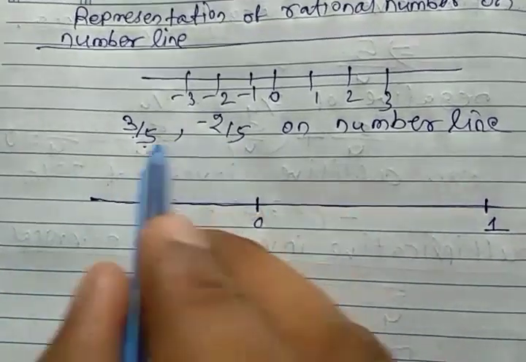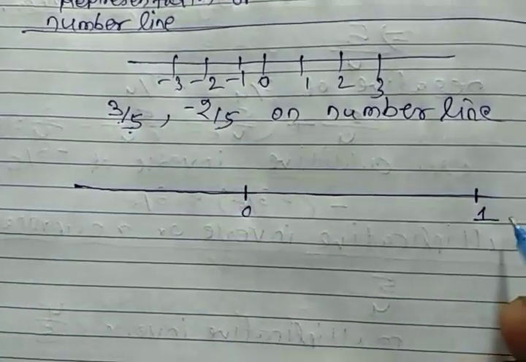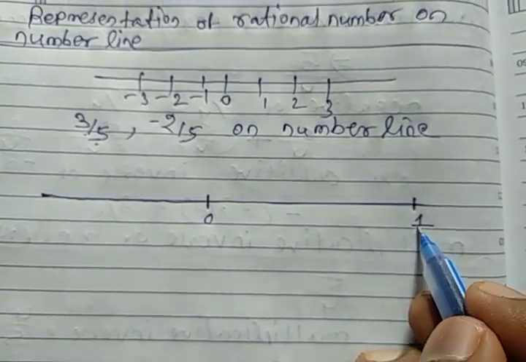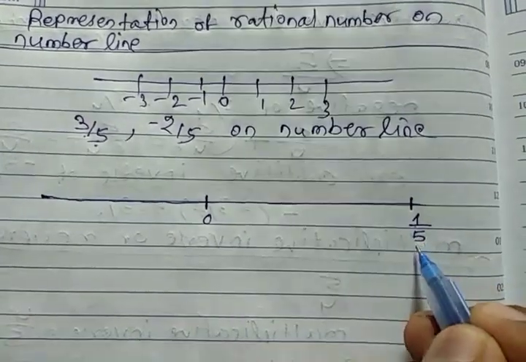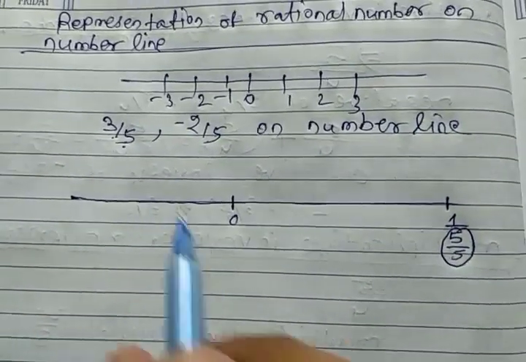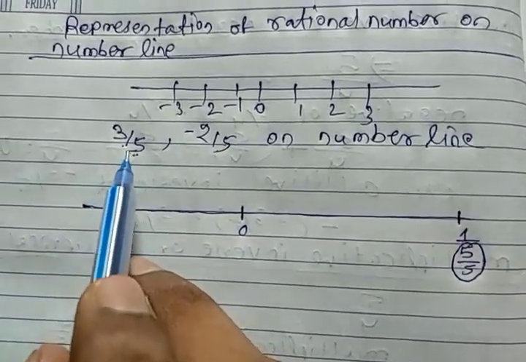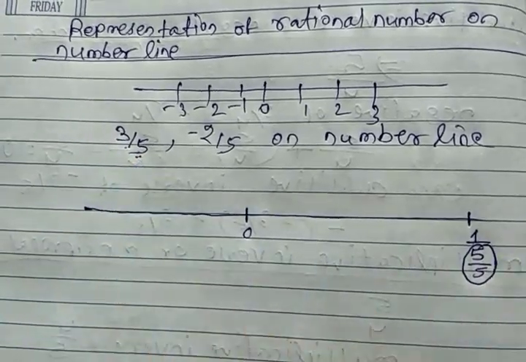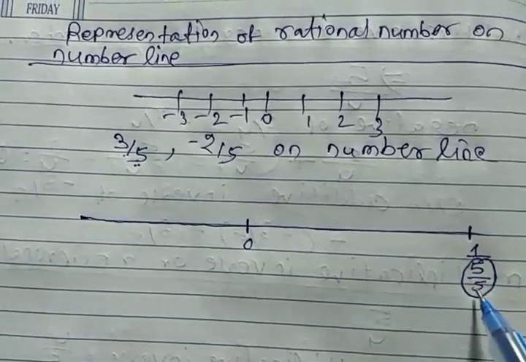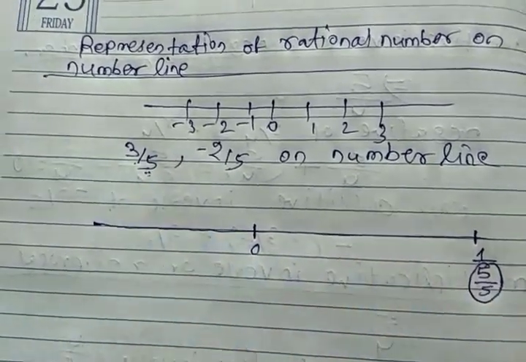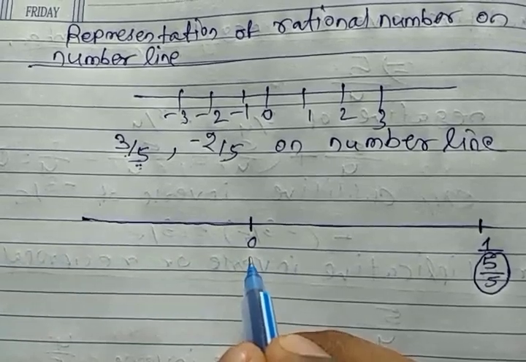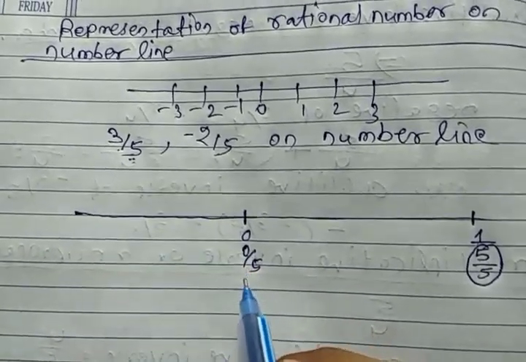But the denominator is 5, so I write 1 as 5 by 5. Whatever the denominator is, we have to take it like that. If the denominator is 7, we take 7 by 7. Here the denominator is 5, so we take 1 as 5 by 5. So 0 is also 0 by 5.